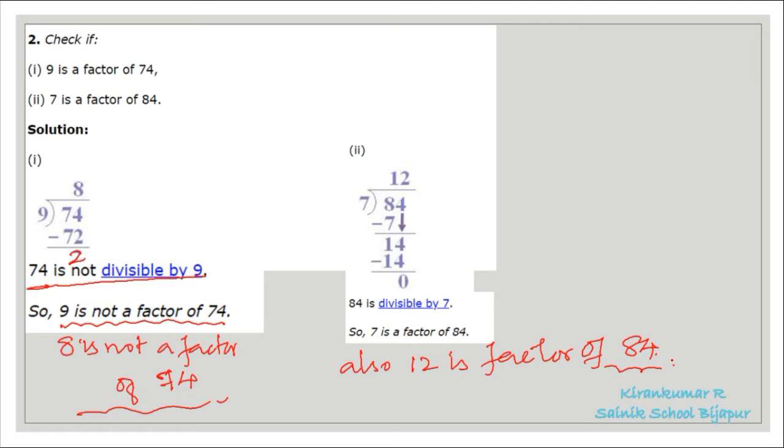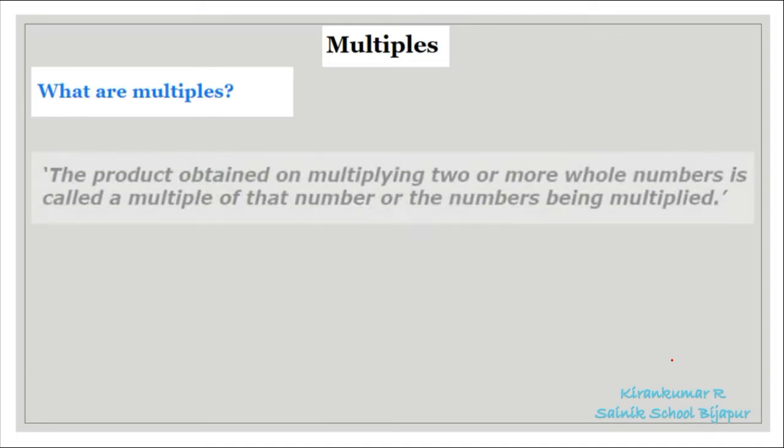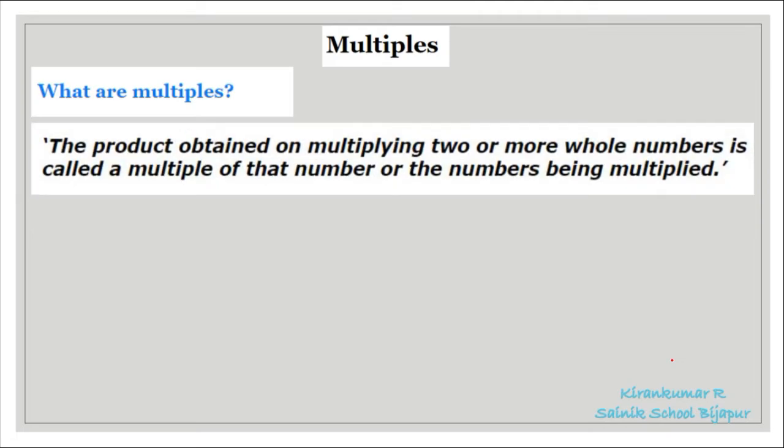Now we shall take up another important topic called multiples. What are multiples? The product obtained on multiplying two or more whole numbers is called a multiple of that number or the numbers being multiplied.